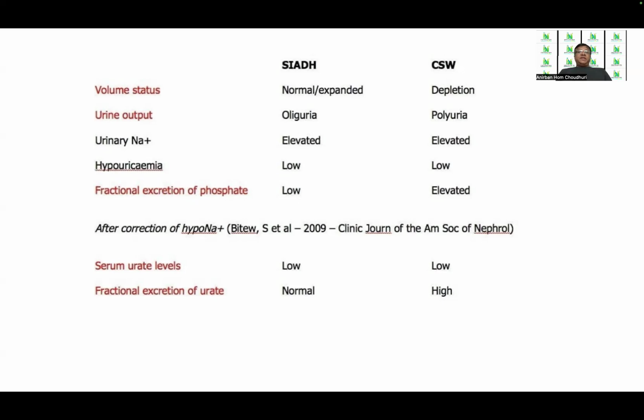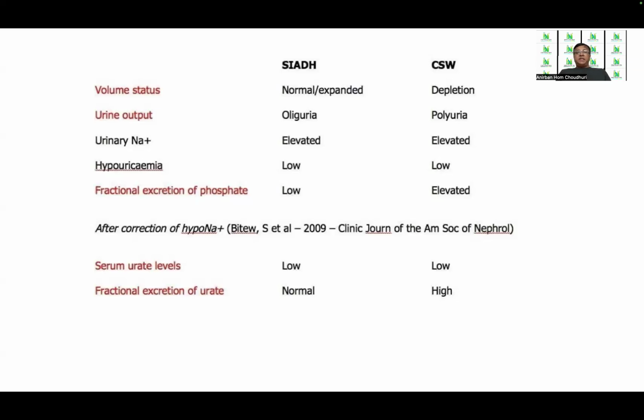So, in SIADH and in cerebral salt wasting, the urinary sodium is equivocally elevated, and the uric acid in the blood is low. The fractional excretion of phosphate is low in SIADH and elevated in cerebral salt wasting.